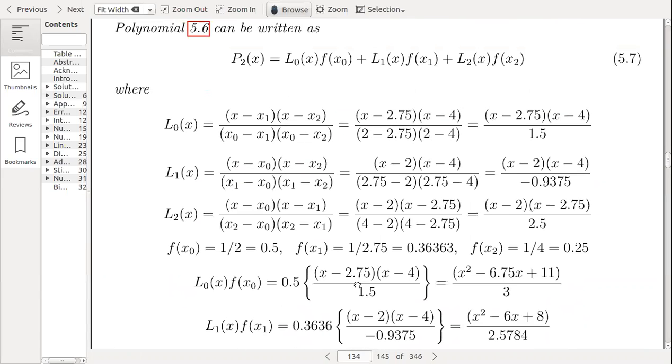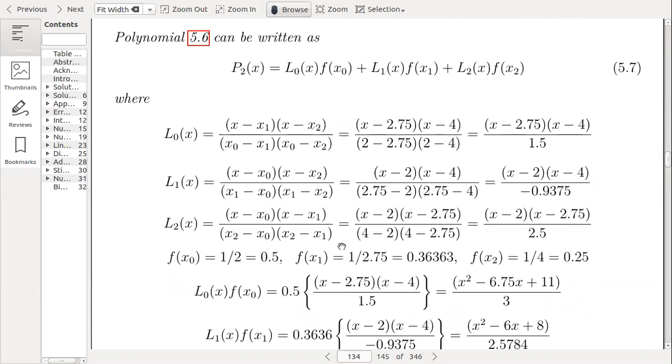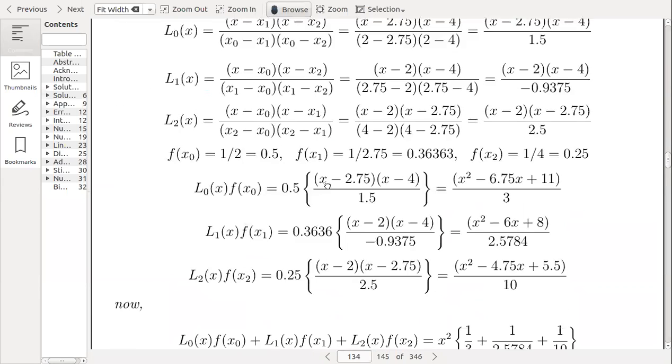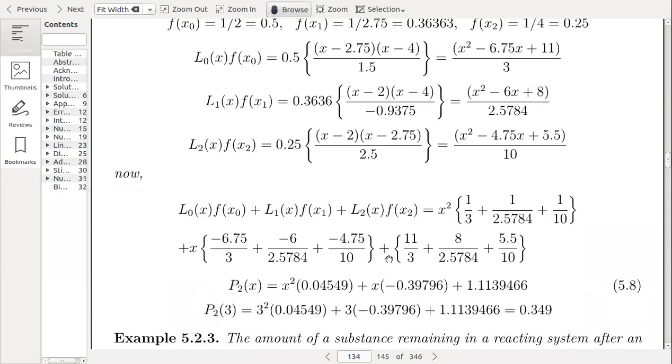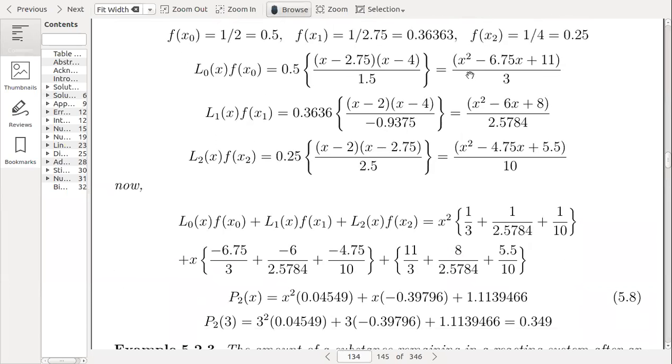So we can sum up these three terms, or we can just substitute these terms in this Lagrange interpolating polynomial of degree 2.